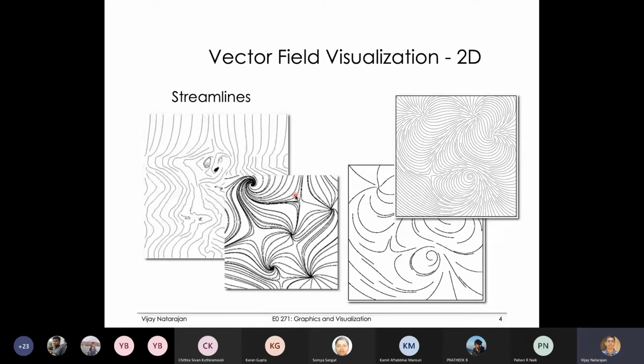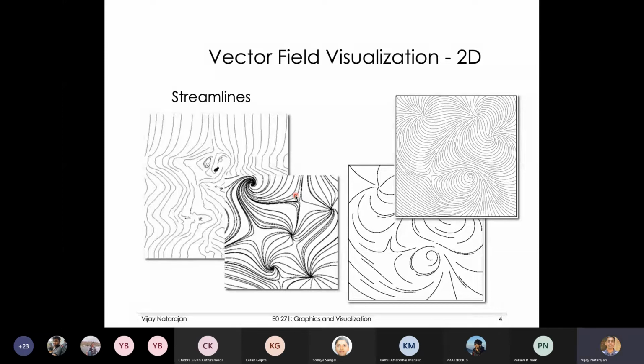The paper that I have given for reading is your additional reading that describes these methods. So once you know what these different methods are, you essentially use them. Now, if you are interested further, you can look at papers that talk about the algorithms for computing streamlines.